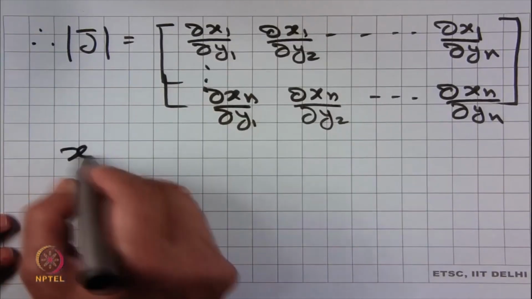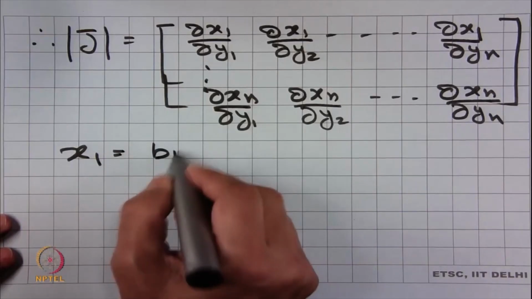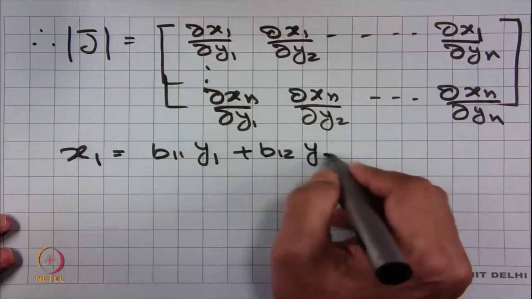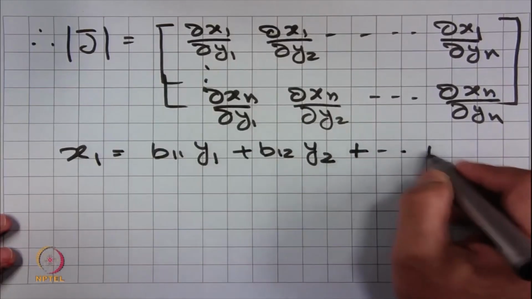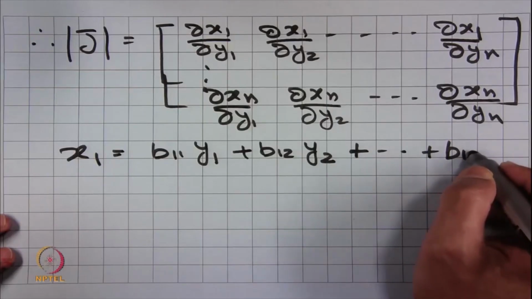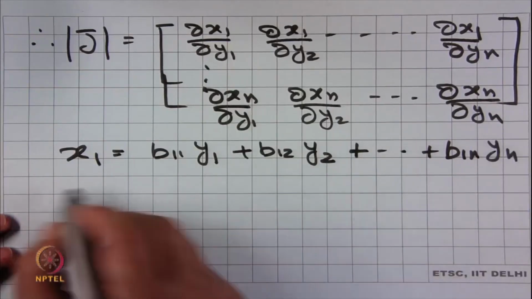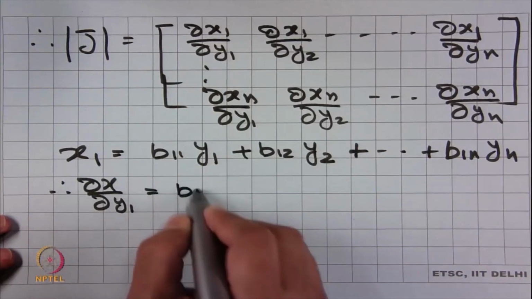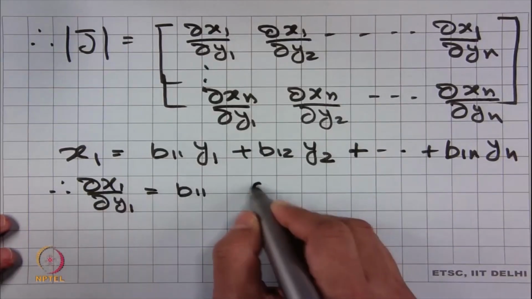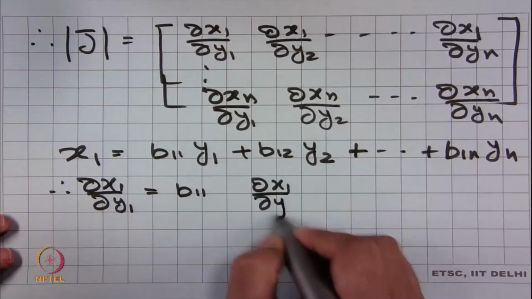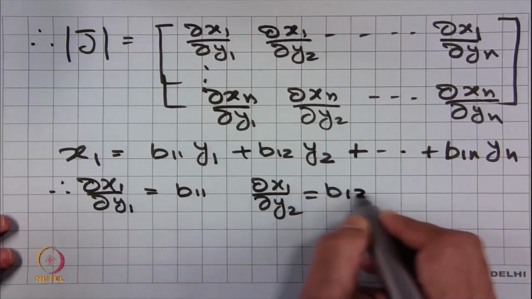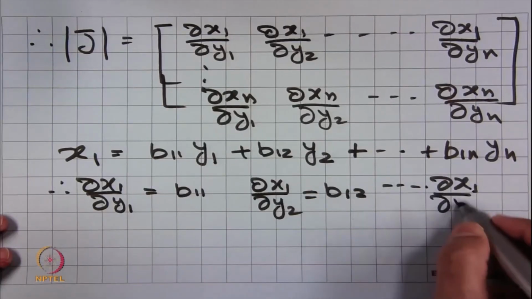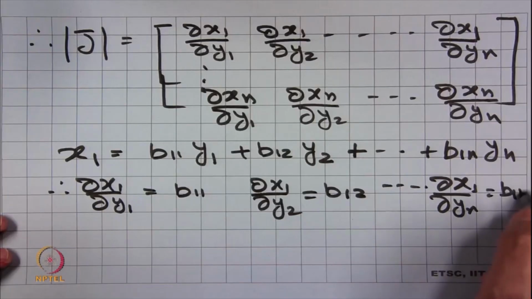We have x1 is equal to b11 y1 plus b12 y2 plus b1n yn. Therefore, del x1 del y1 is equal to b11, del x1 del y2 is equal to b12, del x1 del yn is equal to b1n.